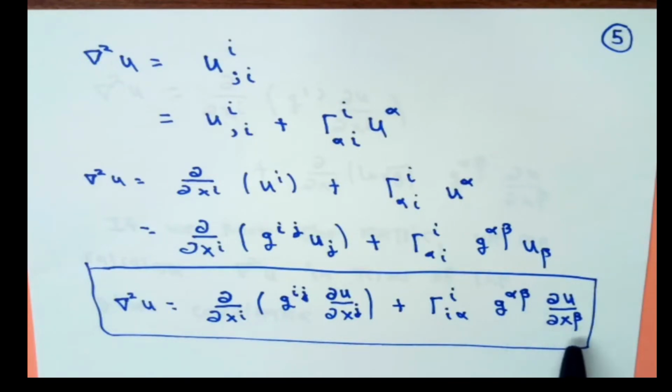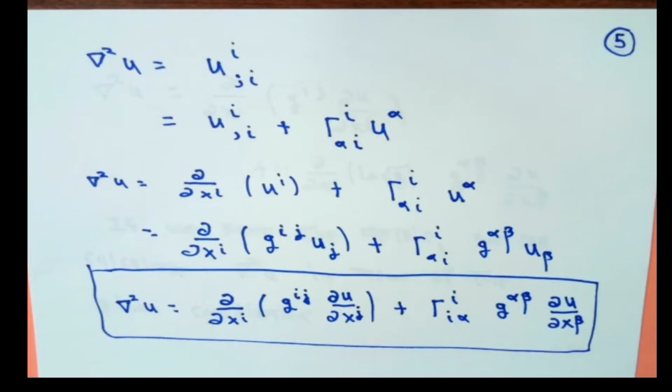I have partial derivatives of u, so that's not going to be any great difficulty. If we know how to calculate these things, then the Laplacian becomes very easy to calculate. You give me some coordinates, I figure out the metric in terms of them some way or the other, and I just write the formula down.